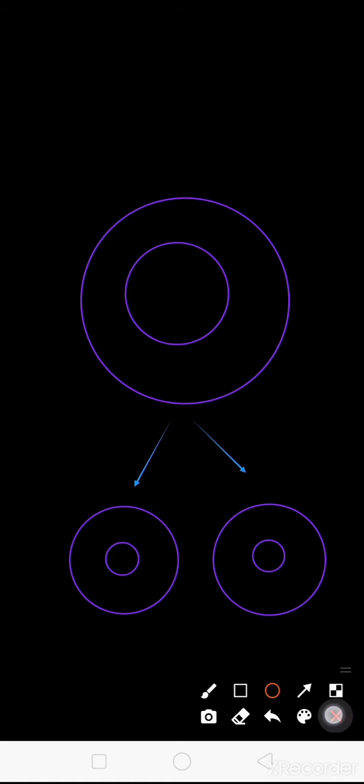Now let us see what happens when this spermatogonia undergoes the growth phase. Suppose this is our spermatogonia having a nucleus. When it undergoes the growth phase, it forms a primary spermatocyte by a process of spermatocytogenesis.